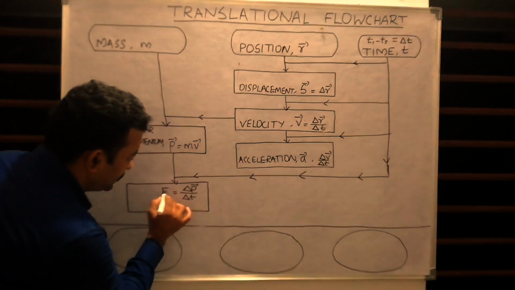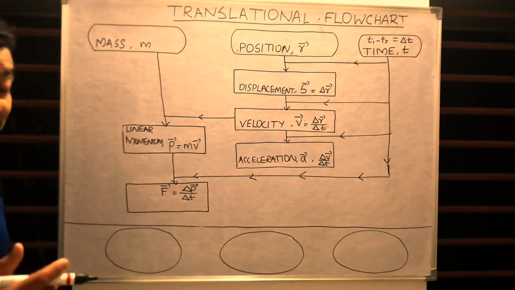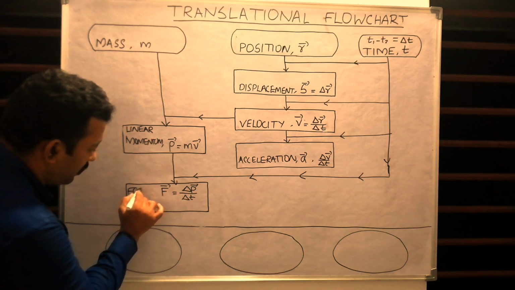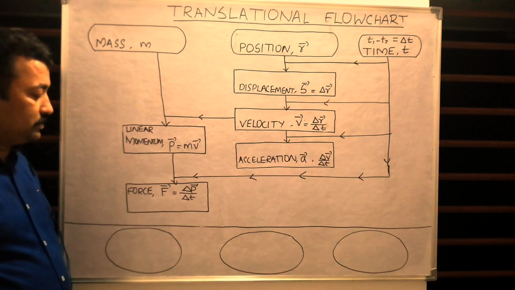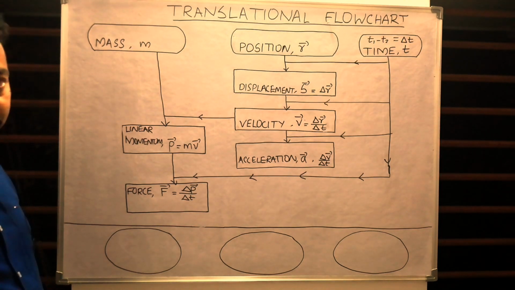This is nothing but your second law of motion, Newton's second law of motion, which is the mathematical form of force acting. So force is defined as the rate of change of linear momentum.